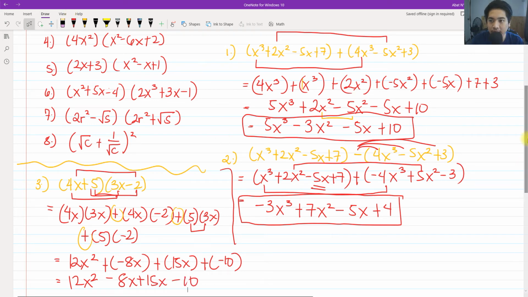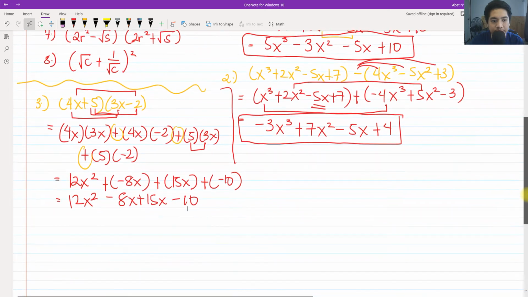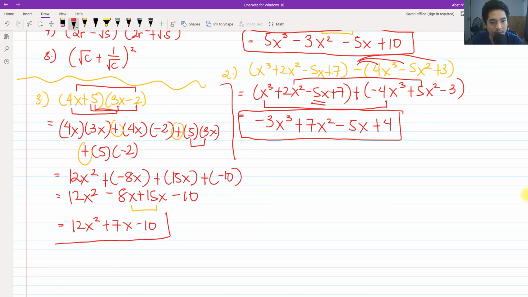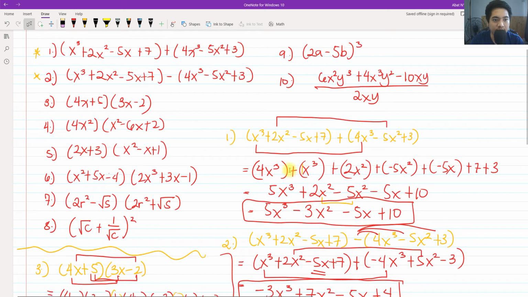So minus because of the minus sign. We can simplify this further. Negative 8x plus 15x is positive 7x, so that's 12x squared plus 7x minus 10.